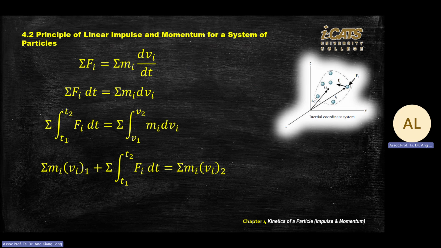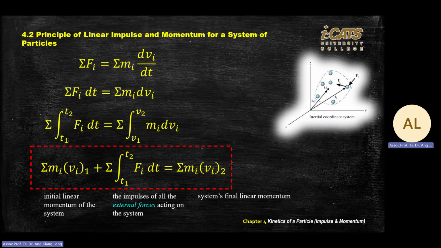So this is for individual particles. So still the same. Only 4 parameters for chapter 4: mass, velocity, force, time. Four things.